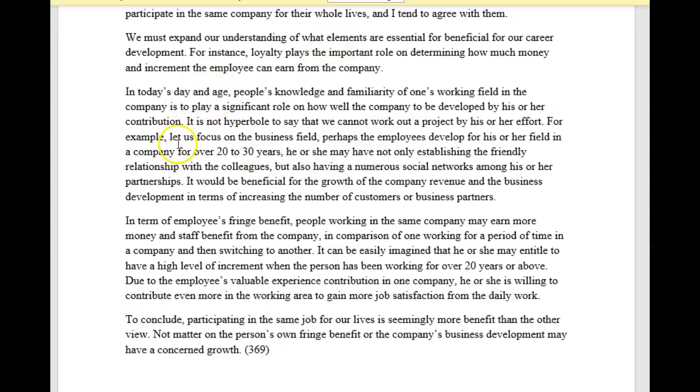So just one major idea in each paragraph. So here I'm going to talk about the benefits of staying in one job for your entire life. Here I'm going to talk about why it's in your best interest to change jobs. And then that will make it more correctly developed. Okay? All right.